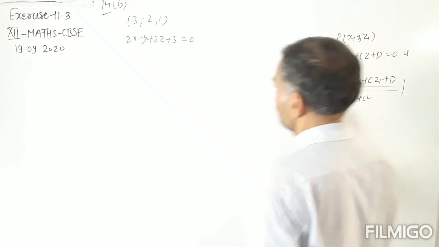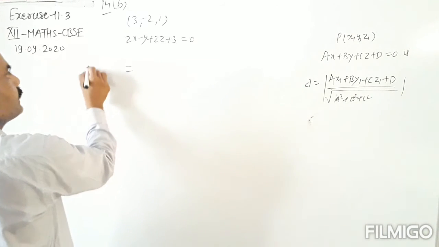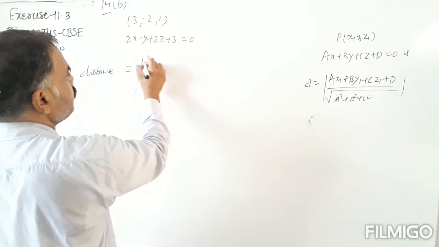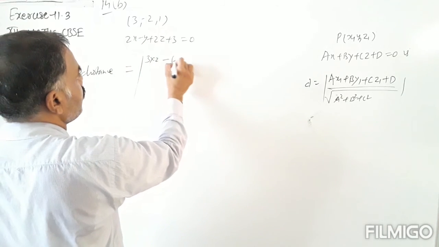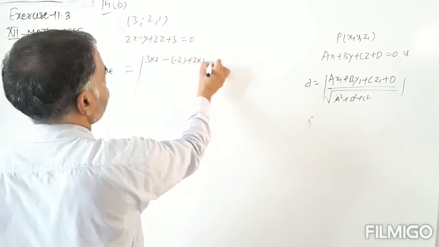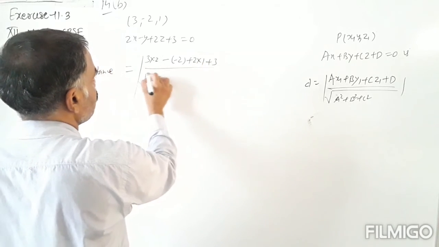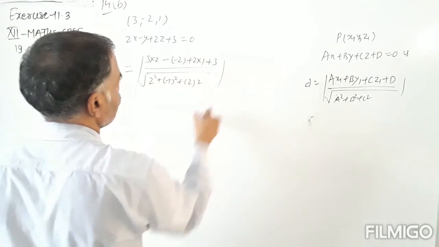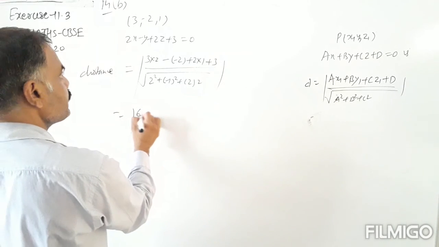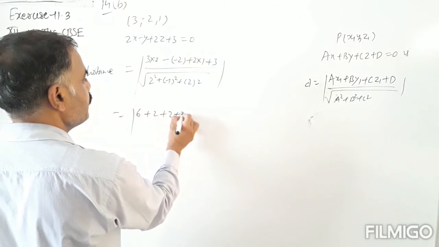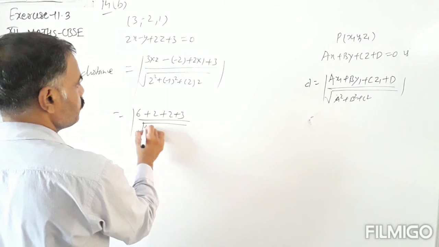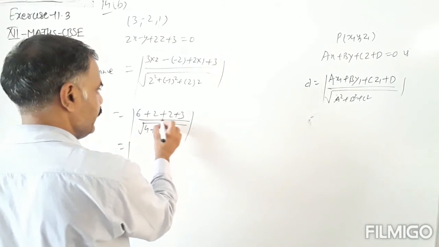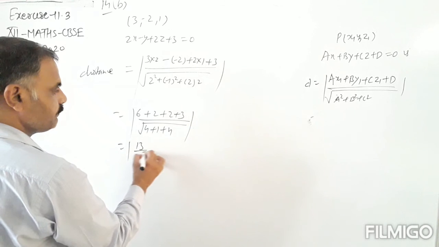So the distance is the positive value of 3 into 2 minus 2 plus 2 into 1 plus 3 upon under root 2 square plus minus 1 square plus 2 square, which is 6 plus 2 plus 2 plus 3 upon under root 4 plus 1 plus 4, that is 13 upon 3.